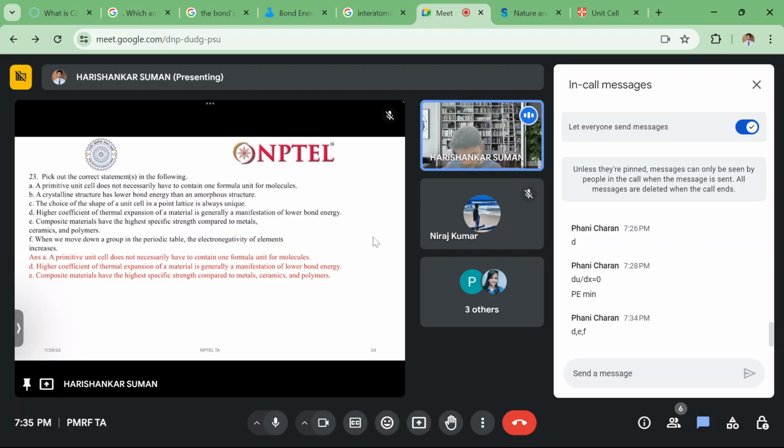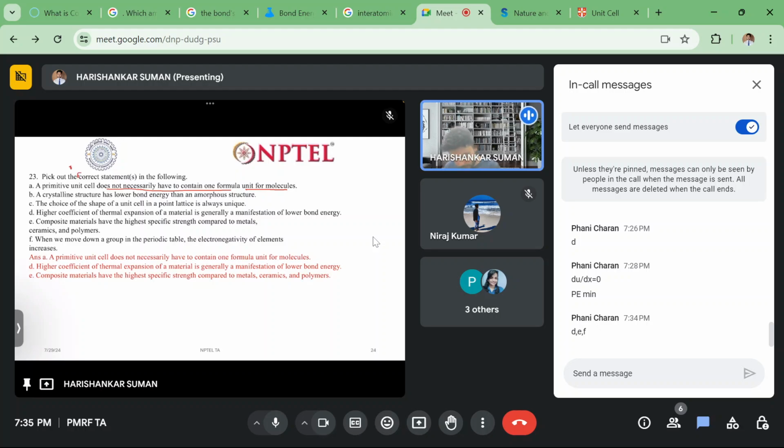So let's see. Primitive unit cell doesn't necessarily have to contain one formula unit for a molecule.